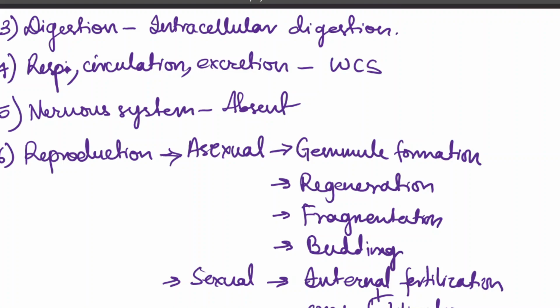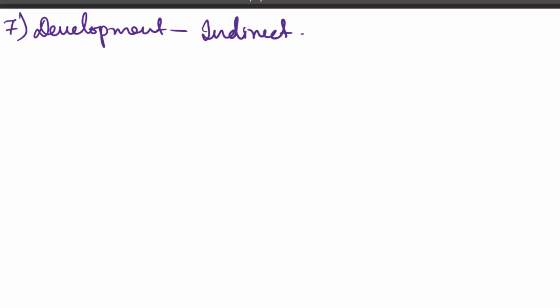Now, there's one more, the seventh one, that is the development. We can never forget the development. Development is indirect. Now, you know what it means by indirect development, right? Indirect means a larval stage is present. Whenever you write an answer, just write indirect. Obviously, the teacher who's correcting will know what indirect is. But if you write that a larval stage is present, it gives an image that you know what it means, that you are sure of what you're writing.